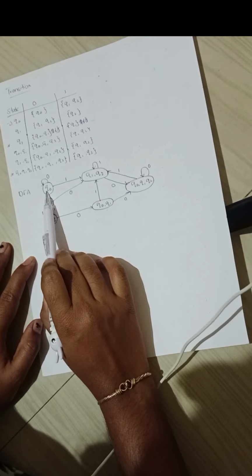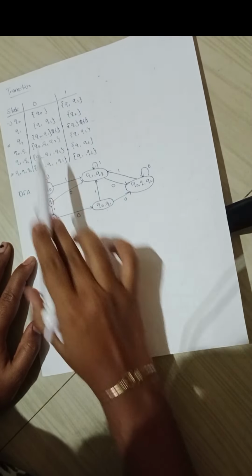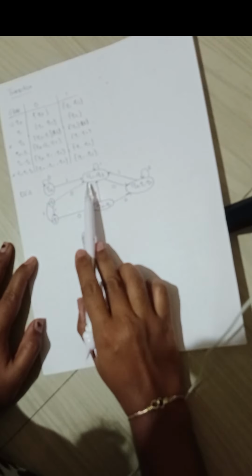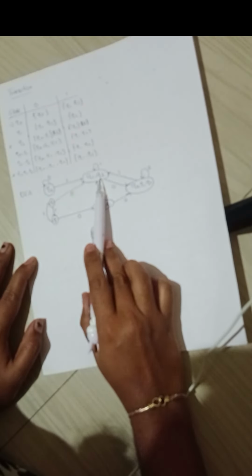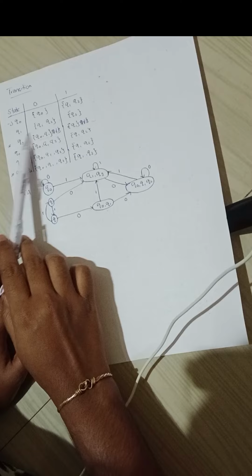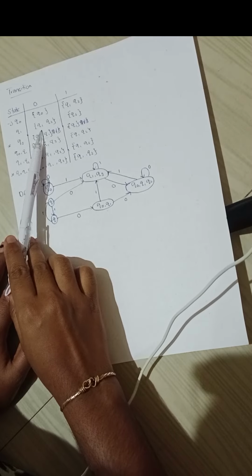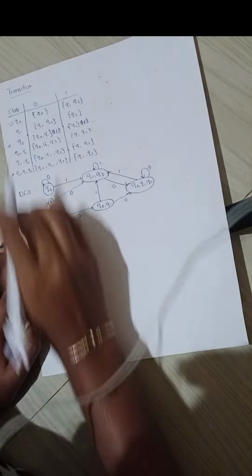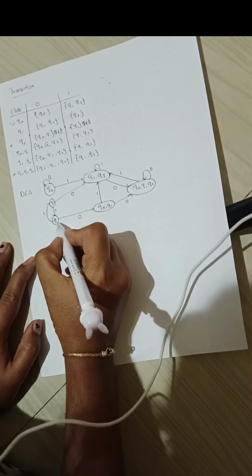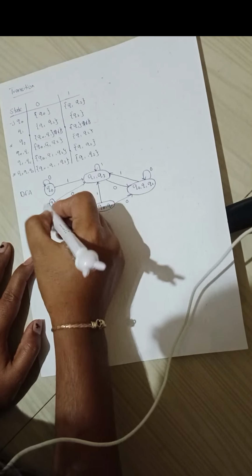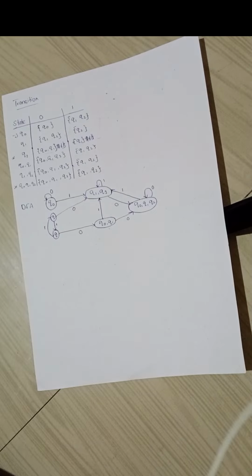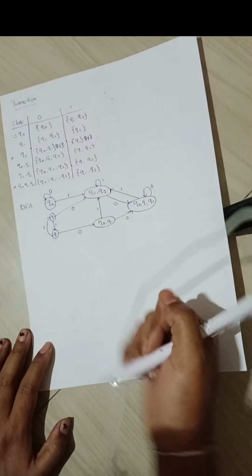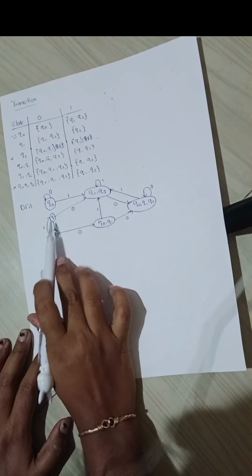Q0 remains the same for 0, but Q0 sends 1 to the value Q1 and Q2. Q1 is sending 0 to Q1 and Q2, and Q1 is sending 1 to Q2 itself. Hence, we have to connect directly by making it Q1 and Q2.